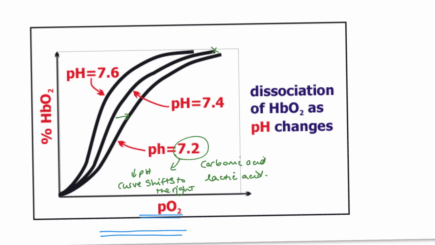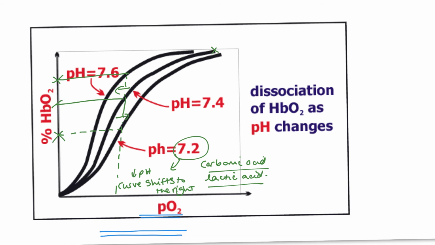And with an increase in pH, so less carbonic acid, less lactic acid, the curve shifts to the left. And again, that means at a particular partial pressure of oxygen, we will see different levels of saturation. So at pH 7.2, we've got, whatever this one is, whereas at pH 7.4, we're much higher saturated. And then at pH 7.6, we're even higher saturated again.